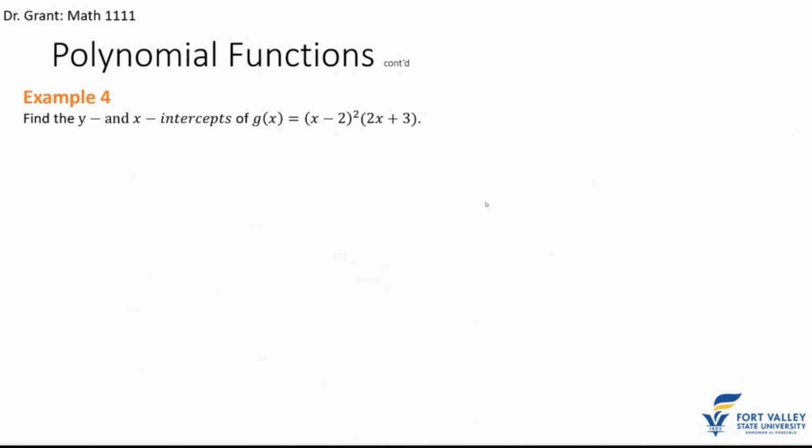All right, so now we're not only being told to find the x-intercept, now we're being told to find also the y-intercept. So if we want to find the y-intercept, we know that you set x equal to 0. So let me find the y-intercept.